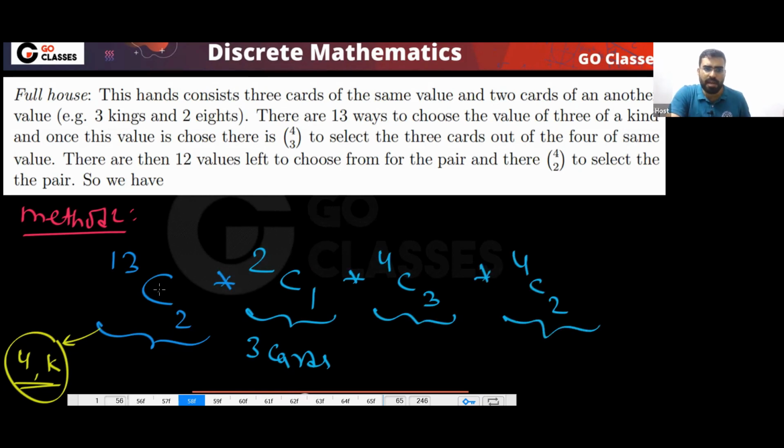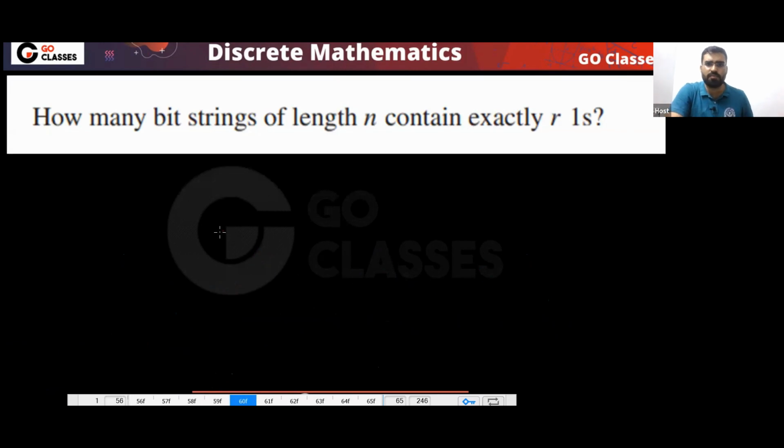From 13 you select 2 values, then you decide who will have 3 cards. This is your other answer.